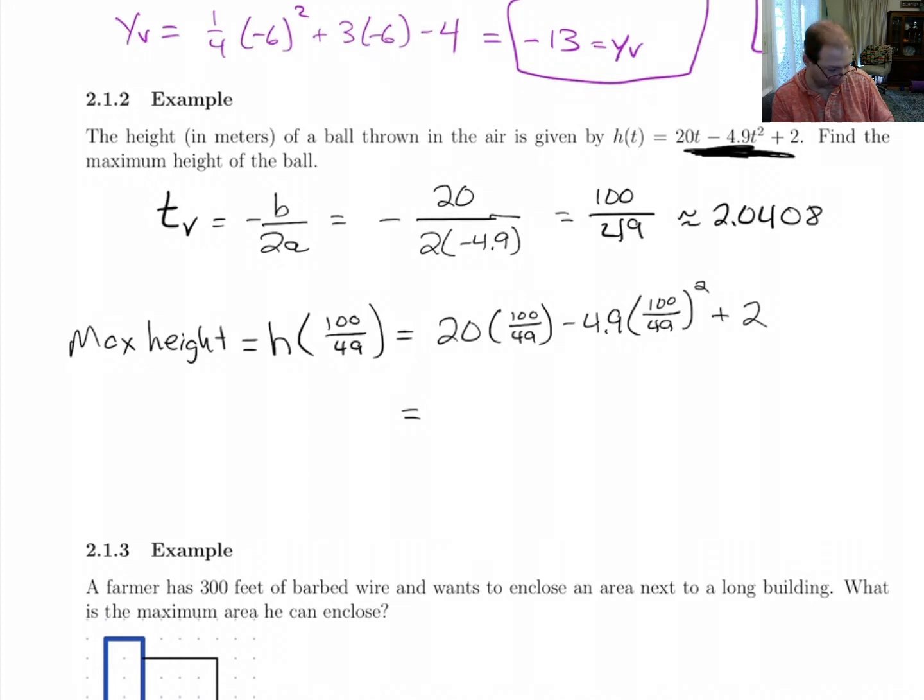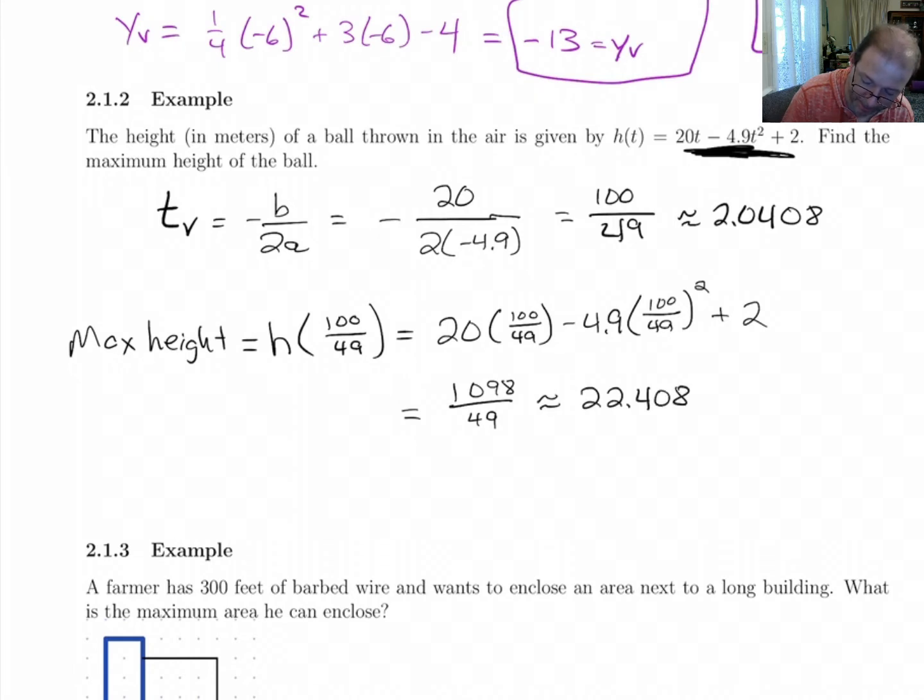Let's see, 20 times 100 over 49 minus 4.9 times 100 over 49 squared plus 2. That gives me a final answer of 1,098 over 49, or 22.408. And that would be in meters. I was about to write feet. So that's the maximum height of the ball.